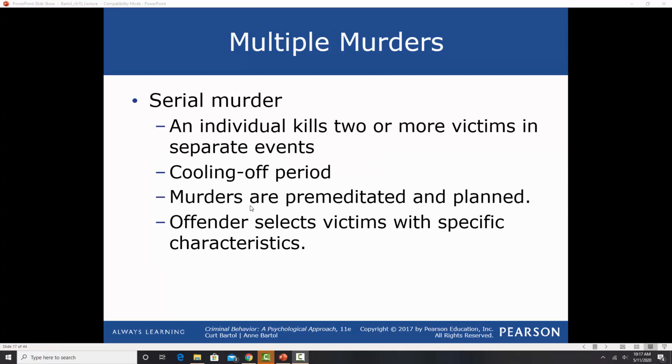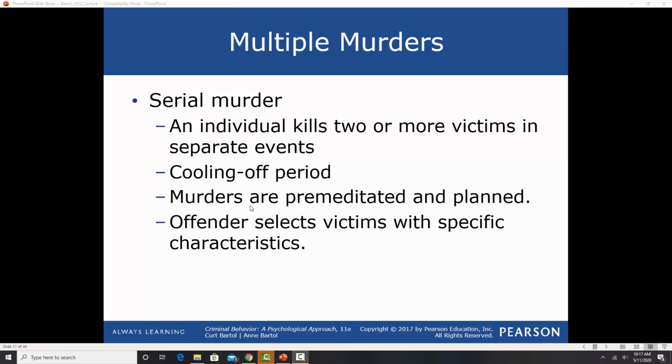All right, that brings us to multiple murders. There's a difference between the types of multiple murders. Serial killers is one person kills two or more people in separate events with, and this is key, a cooling off period in between. The cooling off period can be days, weeks, maybe even years, but usually months between offenses.